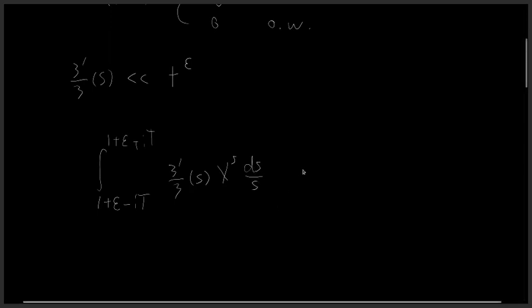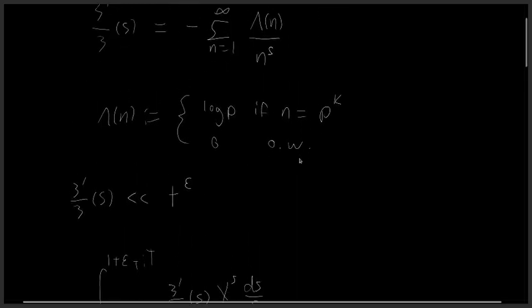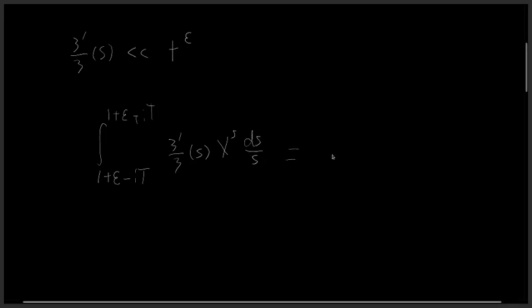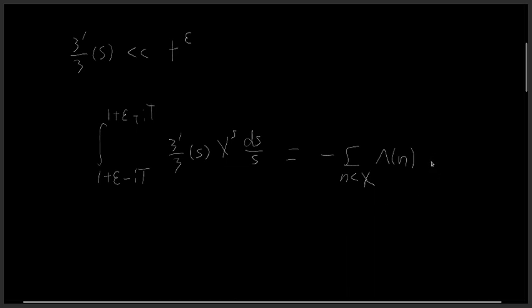Now by Perron's formula and this observation that this is the Dirichlet series, we can say that this is equal to minus the sum over n less than x of the von Mangoldt function evaluated at n, plus O of x to the 1 plus epsilon over t. This was Perron's formula.